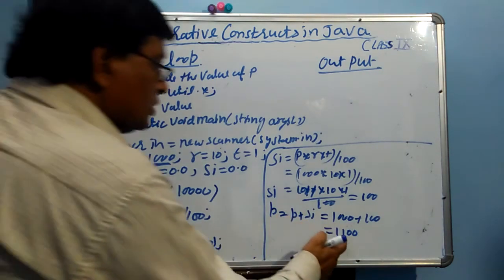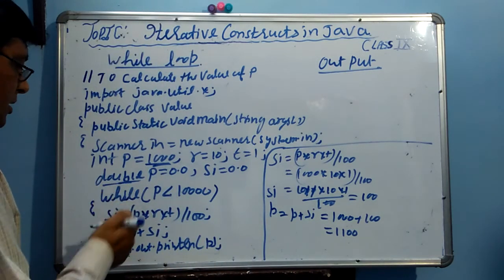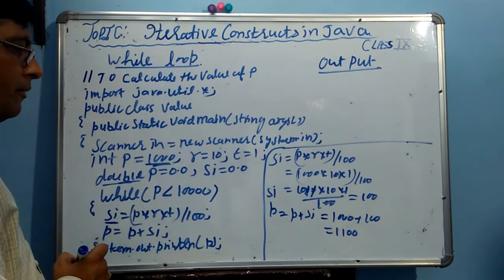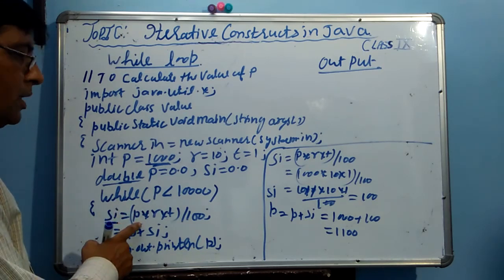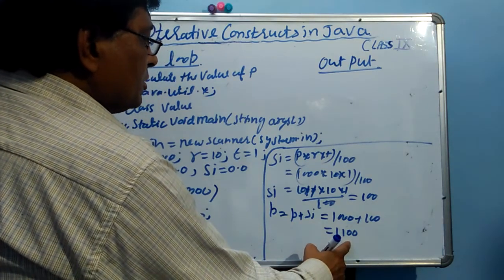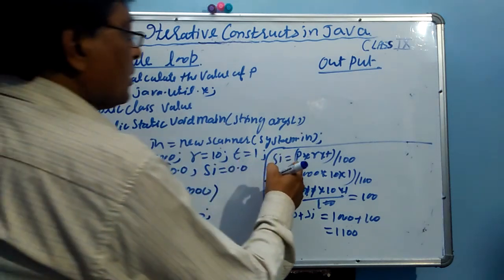It will print this value. Then again it will come back here. Now the value of P is 1100, so again the same formula will follow.